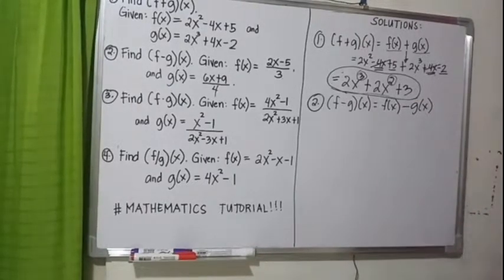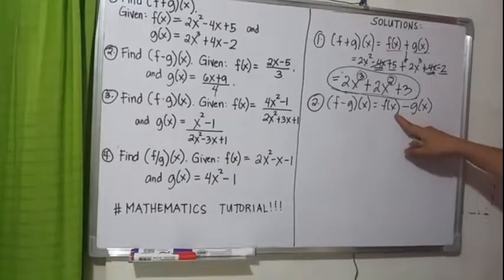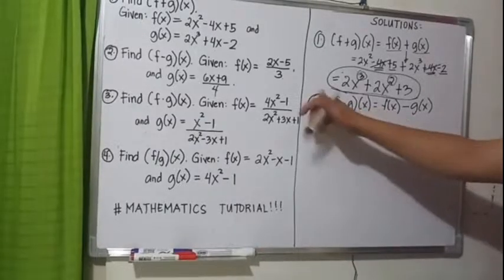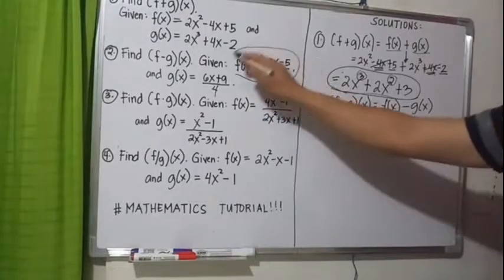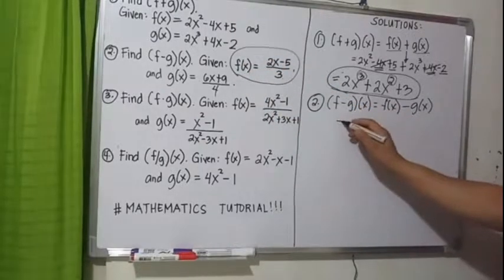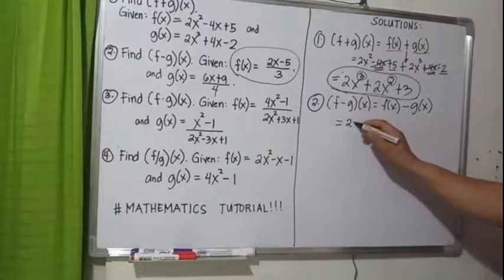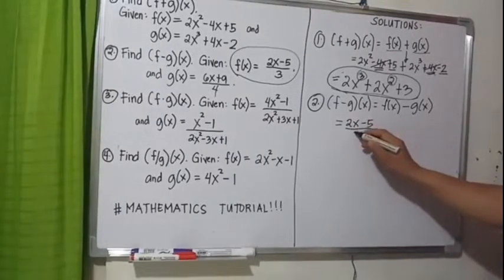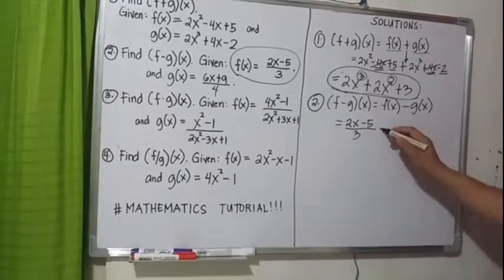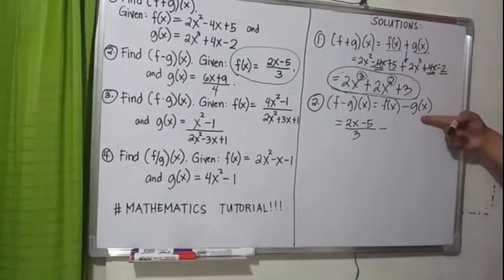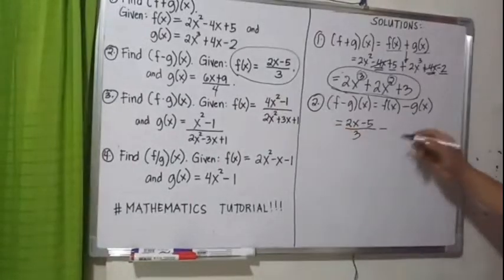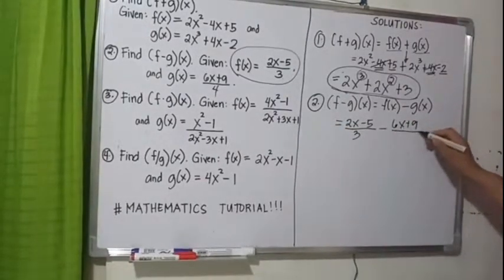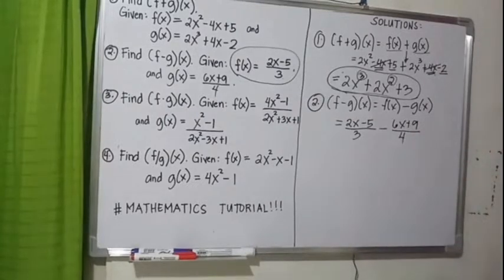Again, kung ano yung given ng f of x, yan din ang kopyahin natin. So example number 2, ang given ng f of x is this one. So that is 2x minus 5 over 3 subtract, ano yung value ng g of x, that is 6x plus 9 over 4.